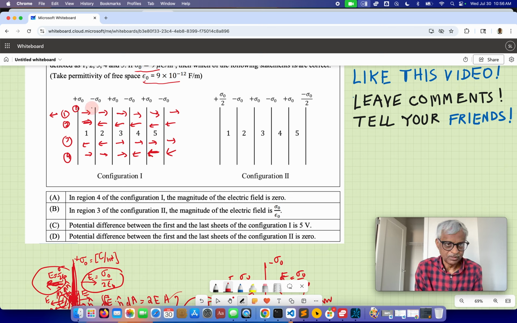So plate 1, plate 2, plate 3, plate 4, and we need to do plate 5. Plate 5 is positive, so it is going to be away on both sides, away here, away here. Plate 6 is negative, so it is going to be towards it.